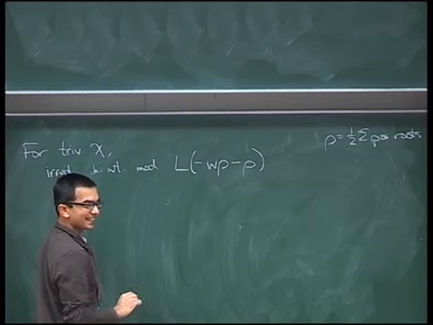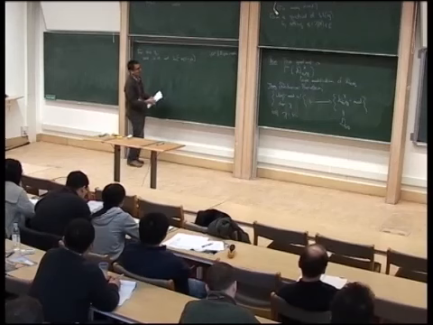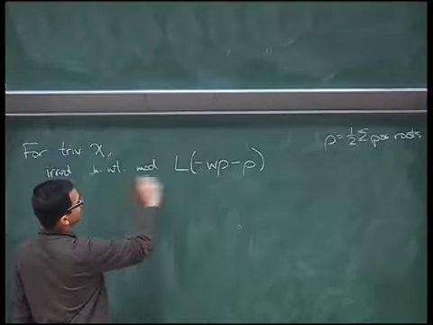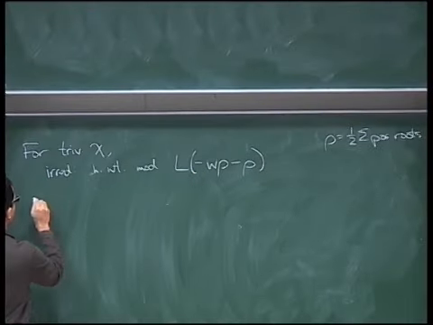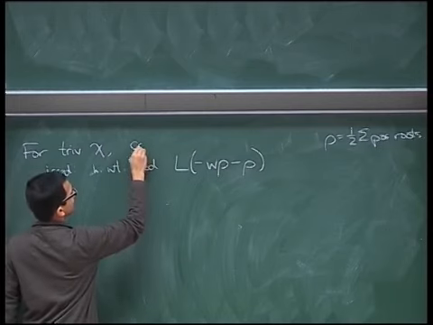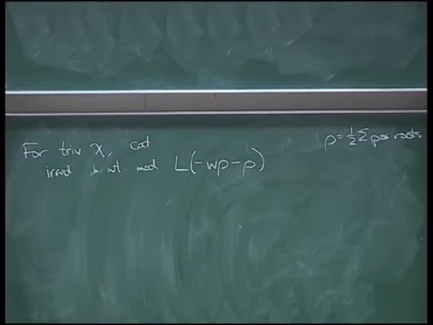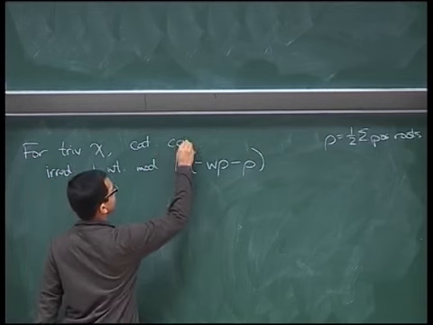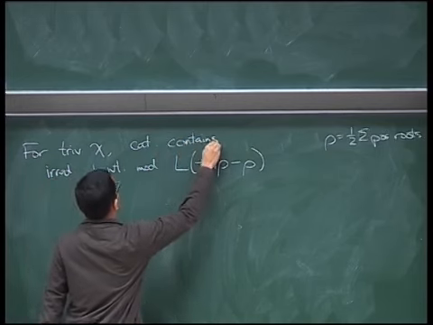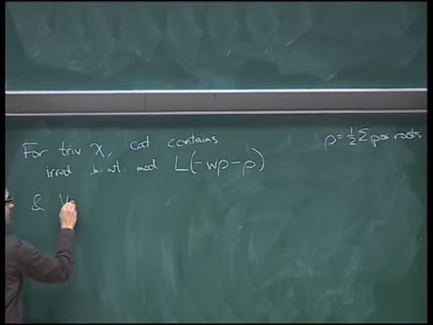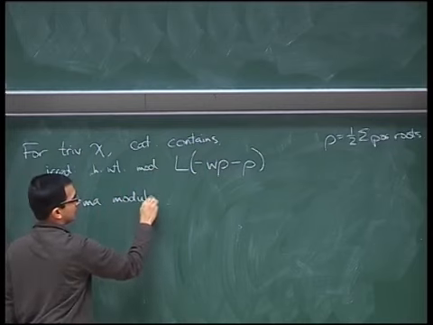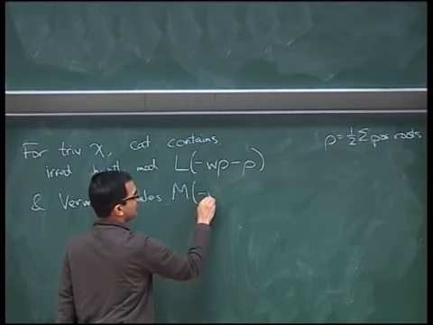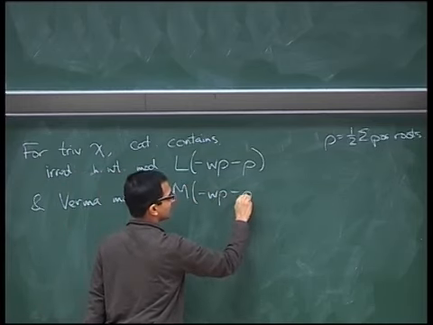I think this is correct. So there are irreducibles whose highest weights are these, in this category. So the category of UG modules we're looking at contains these irreducibles, and it also contains Verma modules with the same highest weights, which I'll call M of minus w rho minus rho.